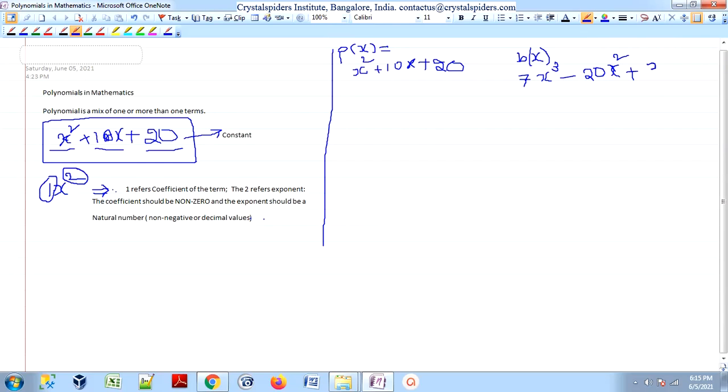We are going to add these two polynomials. We are going to do the sum of these two polynomials. That's p of x plus q of x, p of x plus q of x.